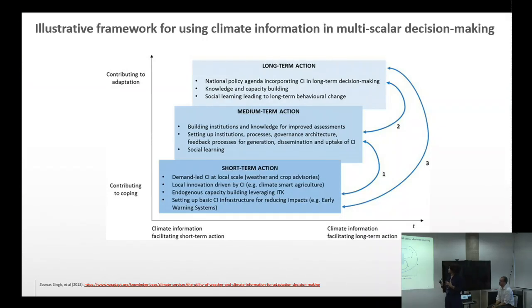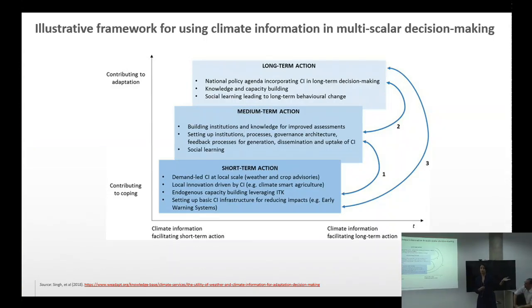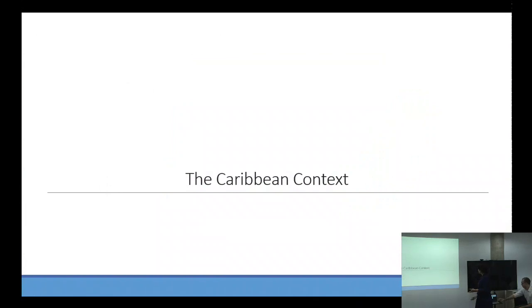So there are different types of using information within different time periods. This is not a lesson really in climate information, but I think it's interesting to realize, given that we've talked a lot about this data, understanding it in this informational context and understanding how this data can be utilized for certain decisions based on where you sit, based on the type of priorities you have, based on the outcomes you wish to achieve.